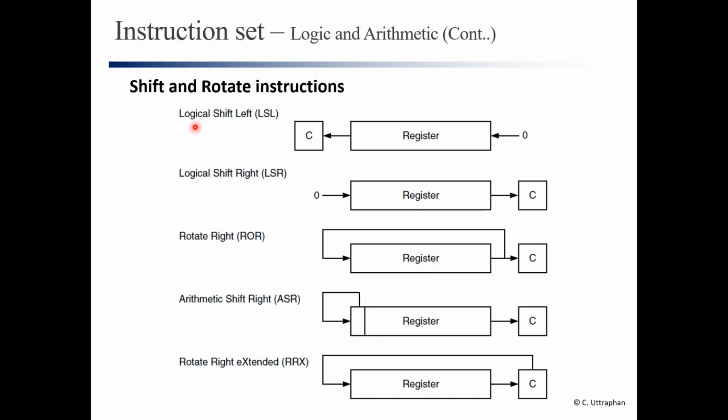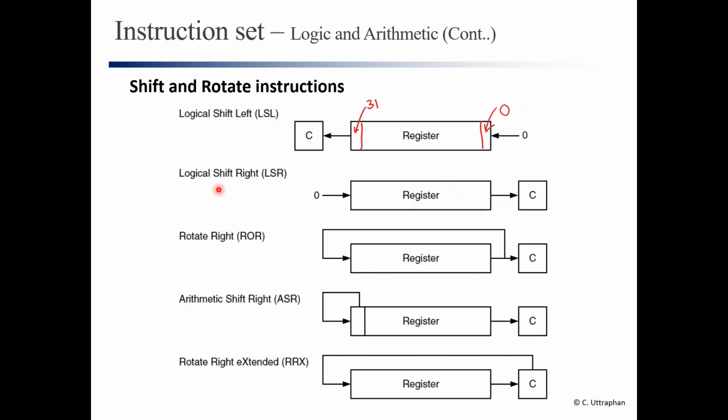For the logical shift left or LSL, the content of the register is shifted to the left. How many times? The answer depends on the value of Op2. When the content of the register is shifted to the left, the bit that is shifted out from bit 31, which is the most significant bit, will be copied to the C or carry flag in the status register, while the least significant bit, or bit 0, will be replaced by 0.